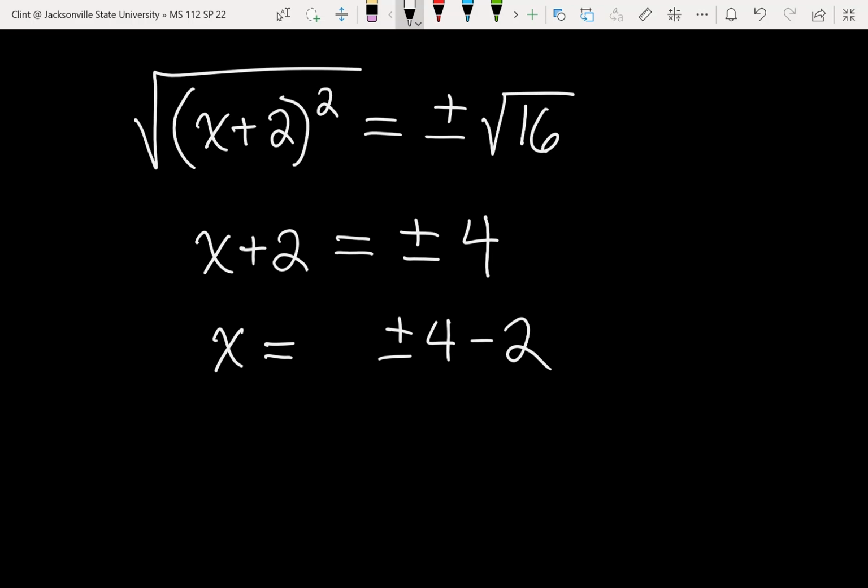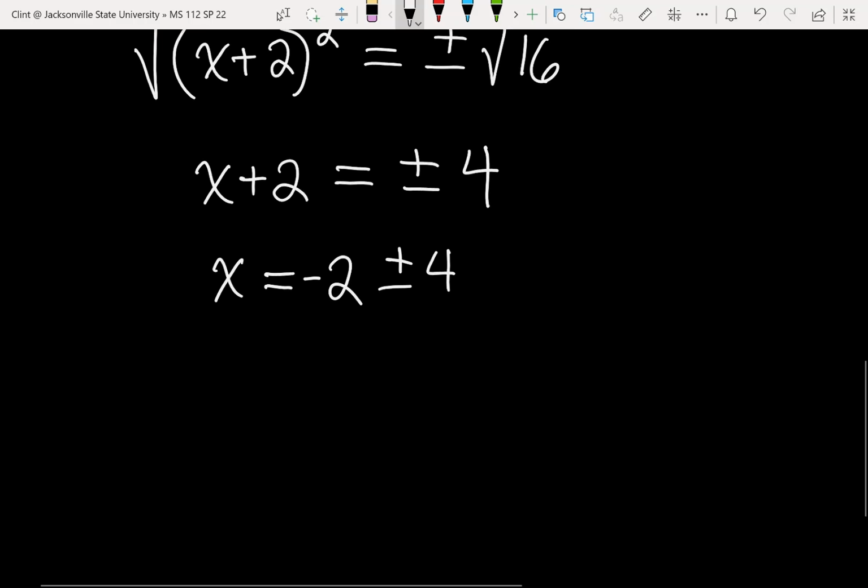You just don't ever see it that way. Usually what we do is we'll put the plus minus in the middle, so we'll have negative 2 plus minus 4.